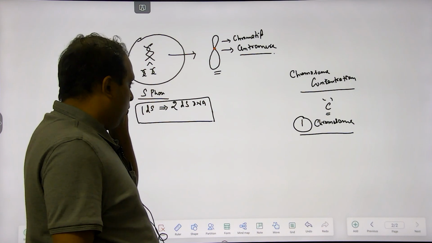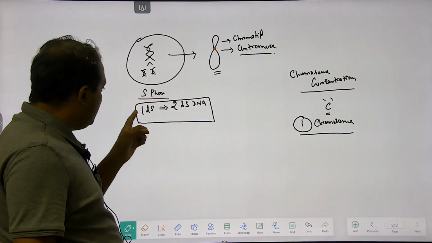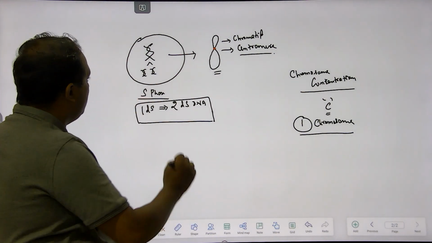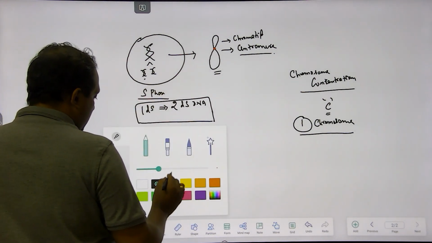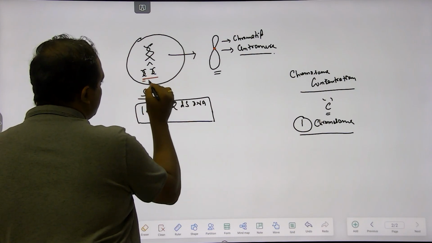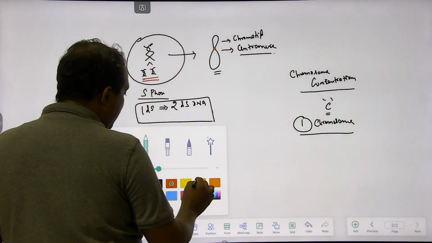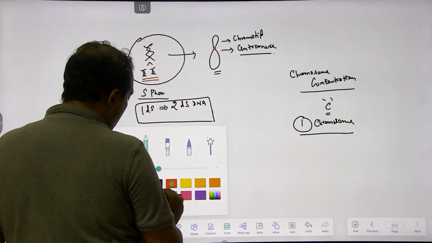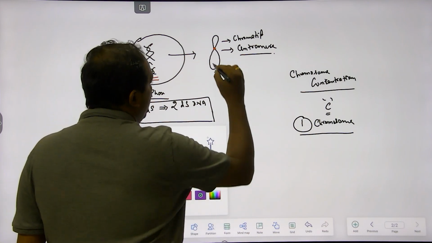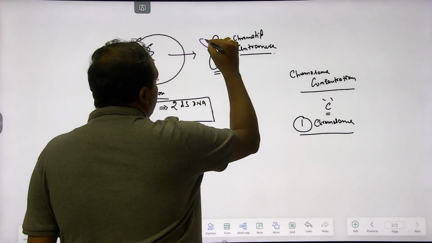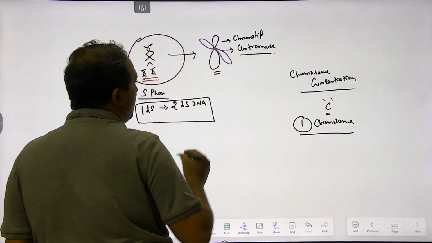Now what happens is there is S phase, there is DNA replication, and you can see here one double-stranded helical structure becomes two. So a new DNA is formed, and thereby I could see that in the same centromere there is an increase in the number of chromatids.